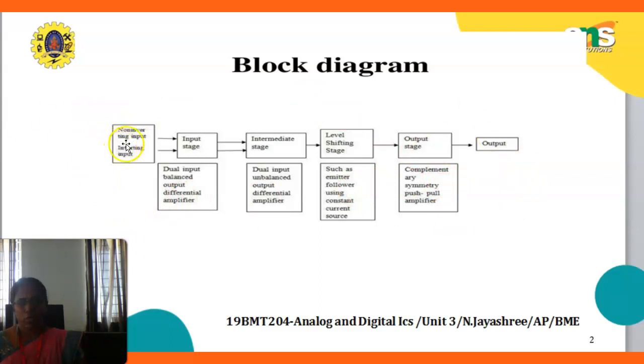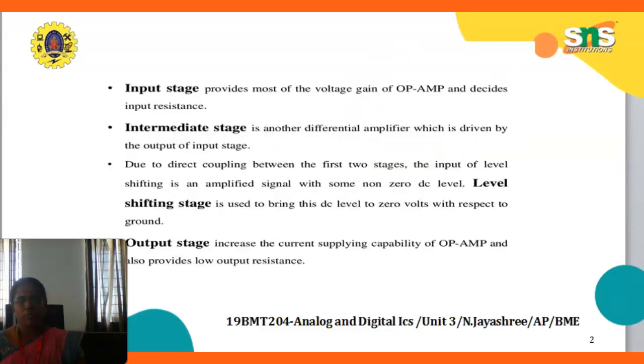In this block diagram, the input stage contains the two inputs, non-inverting input and inverting input, then the intermediate stage, the level shifting stage, and the output stage, and at last the output. Input stage provides most of the voltage gain of the Opamp and decides the input resistance.